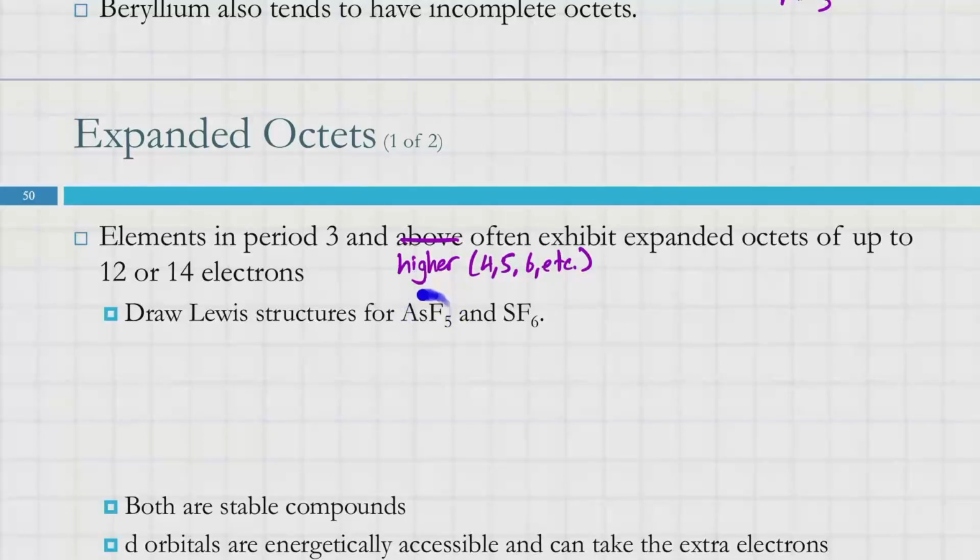So if we do AsF5 or SF6, we can get fun stuff like this. Honestly, the most annoying part of these, if you know what the structure is already, is just drawing in all the dots.